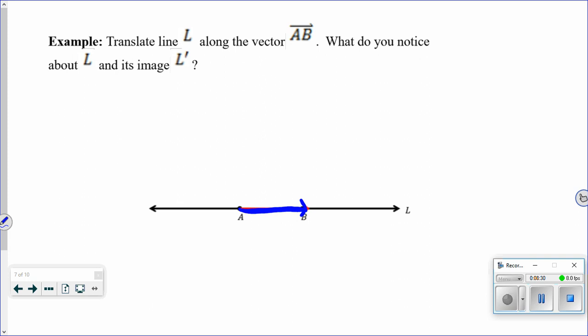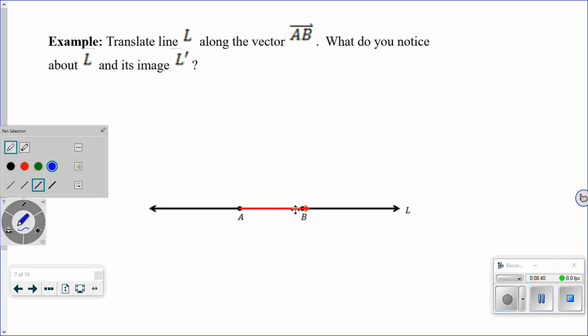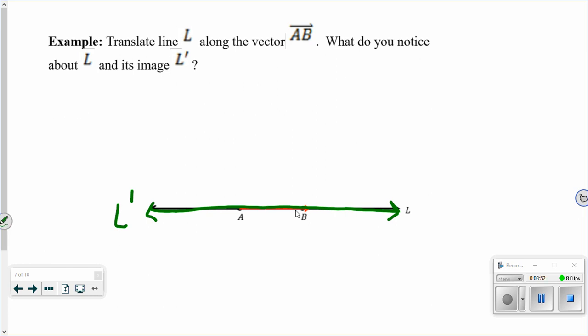So what I want you to do right now is take your transparency, put it over line L, trace it, and label it L prime. Okay, so now we're just going to slide this line along vector AB.